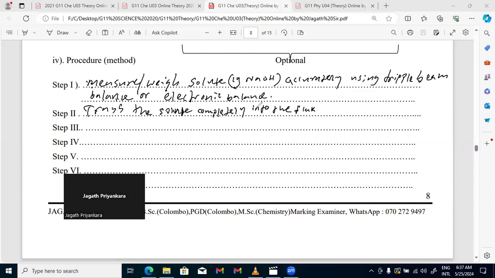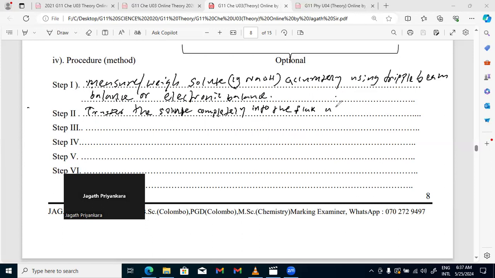Add the solute completely into the flask. Flask means volumetric flask, okay?